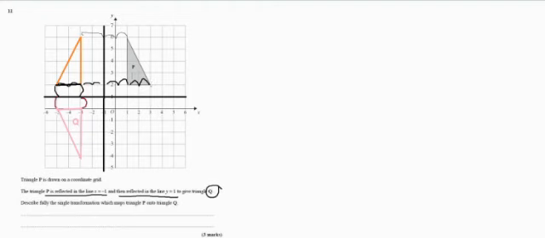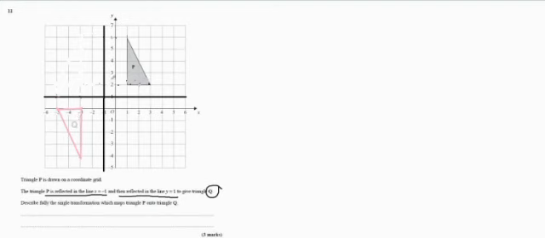The transformation from P to Q could be a rotation. So let's now do the rotation. But first we need to know the center of rotation, and to know that you could go to our video on the channel, and you could know how to get the center of rotation.